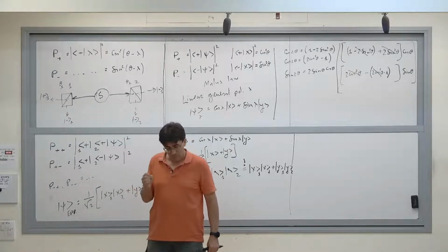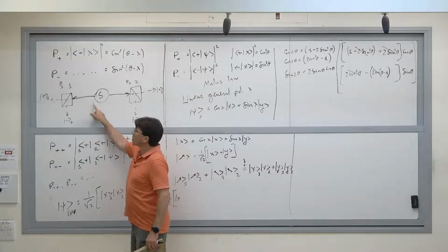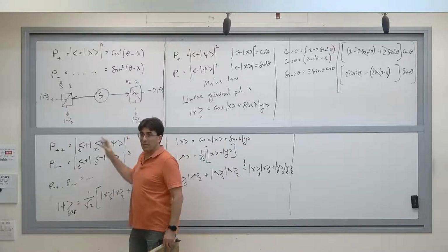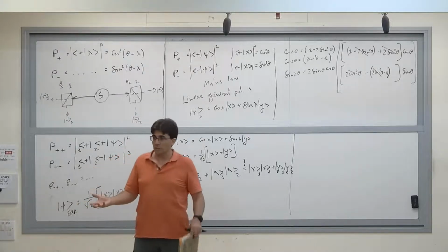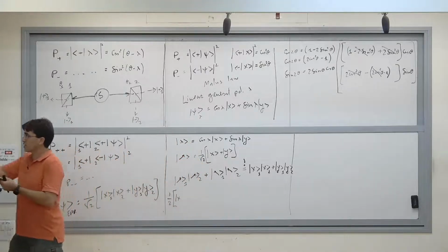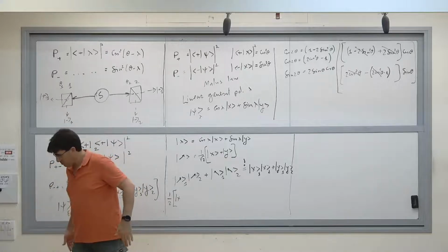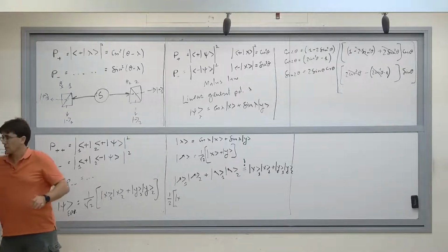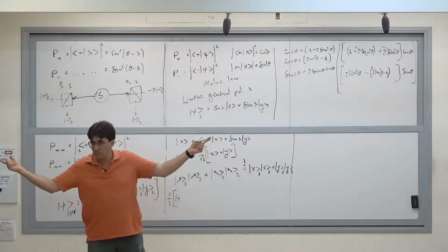Now listen. You have 2 photons emitted. One is going this way, the other one is going down. They have a common quantum state, just like any 2 particles. 2 particles can have a joint quantum state, and it is described in a basis. Suppose those 2 particles are in 2-level systems. This spin can be up or down, and this spin can be up or down. What's the basis of both of them?